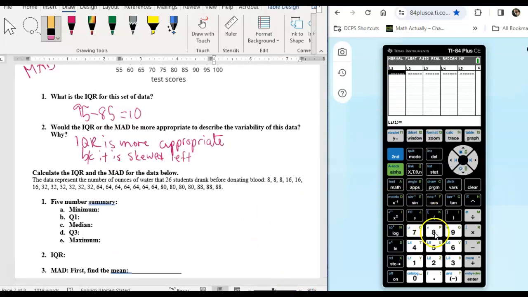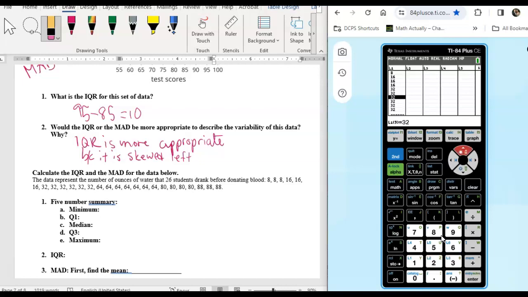It says calculate the IQR and the MAD for this data below. So I'm going to enter these data values. 8, 8, 8, 16, 16, 16, 1, 2, 3, 4, 5, 6, 32. So 32, 32, 32, 32, 32, 32, 32.